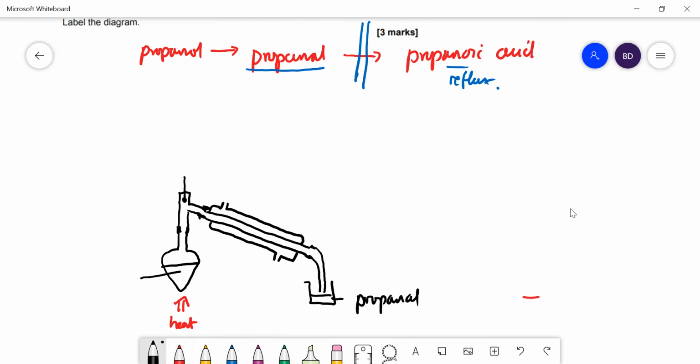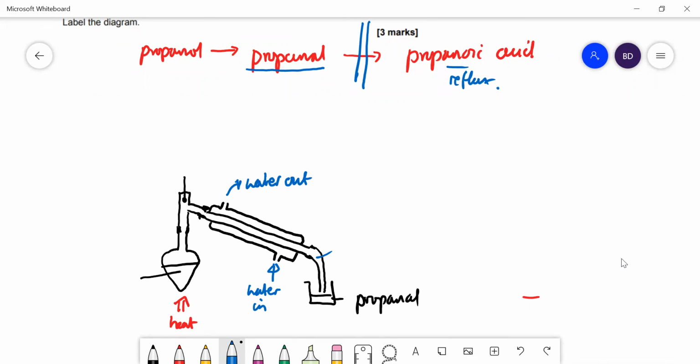We really should label this condenser. I won't write that on it. You also need to put in that the cooling water goes in at the bottom and comes out at the top. So you need to label condenser, thermometer, connector, pear-shaped flask, this connector, and then the final product.